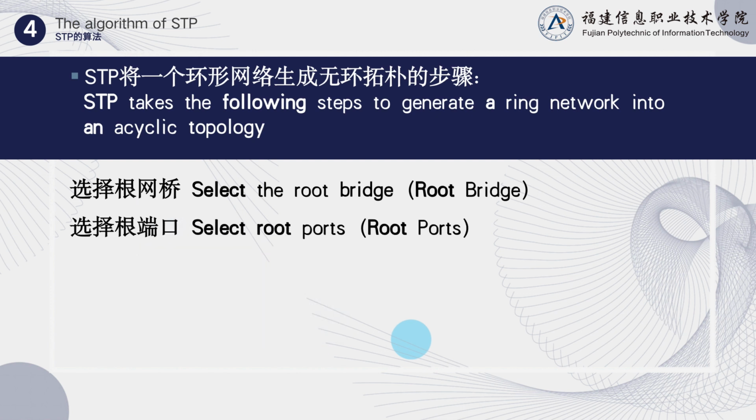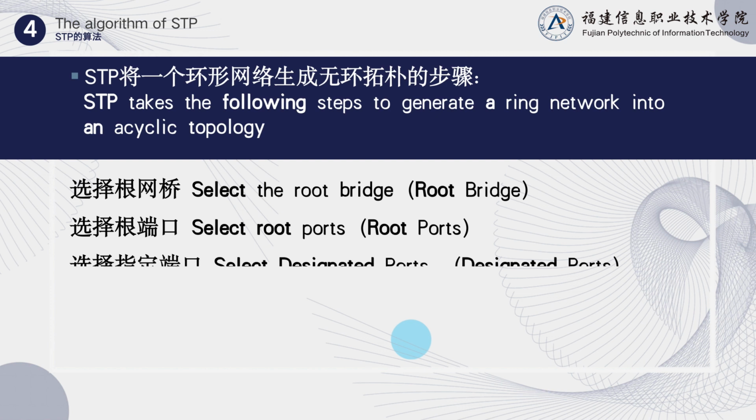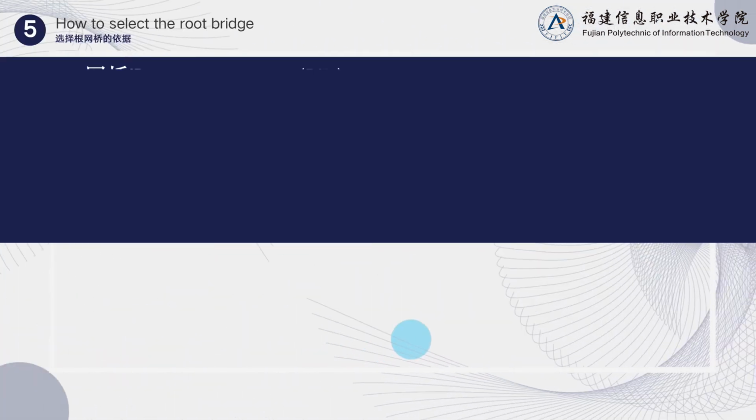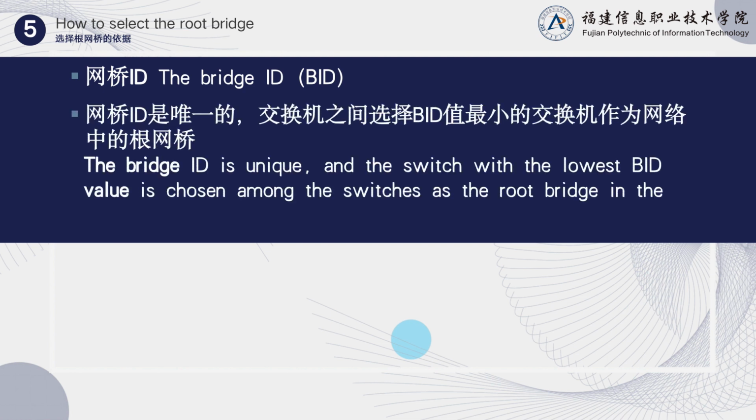Select the root port. Select the designated port. Let's go into the first step: how to select a root bridge. The root bridge is selected based on the ID of the bridge, which we call BID.